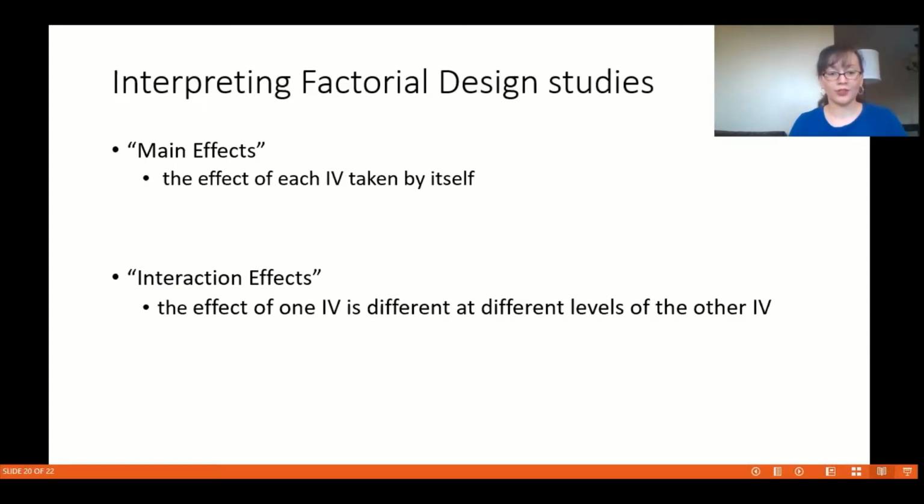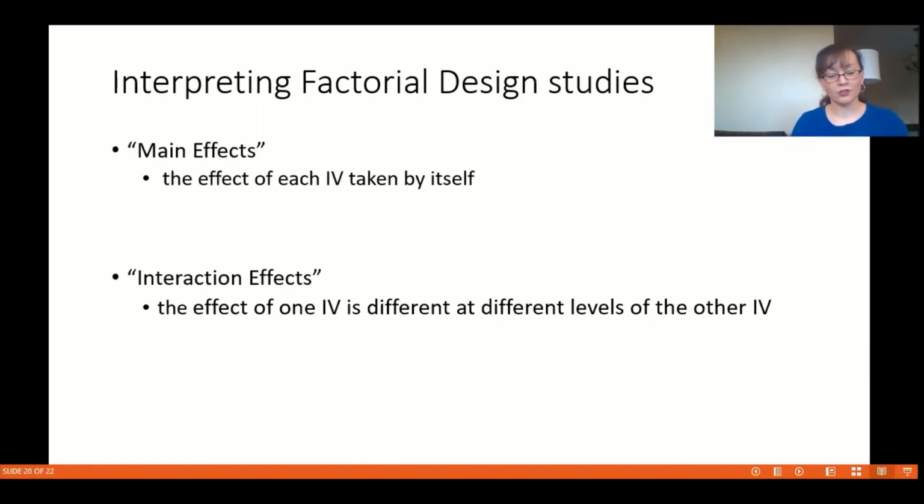The main effects are simple. These are just exactly what we would expect if we only had one independent variable that we were working with in our study: the effect of that one independent variable on its own, and the other independent variable on its own.